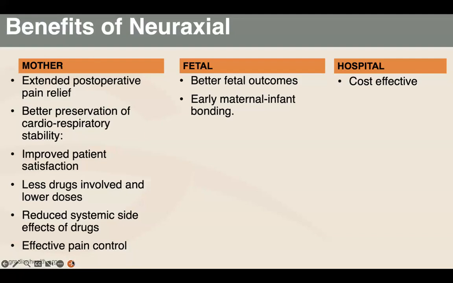On the side of the fetus or newborn baby, it is associated with better fetal outcome and higher APGAR score. And there is an emphasis nowadays on maternal and infant bonding.